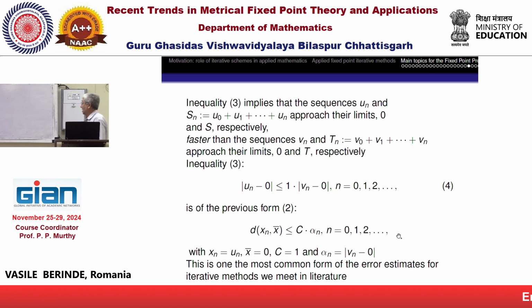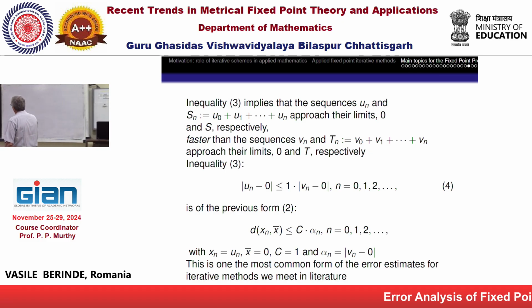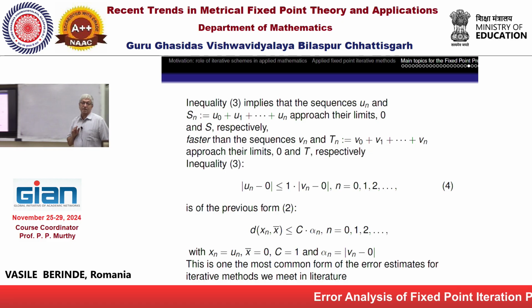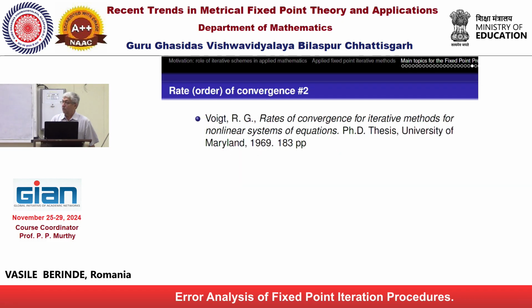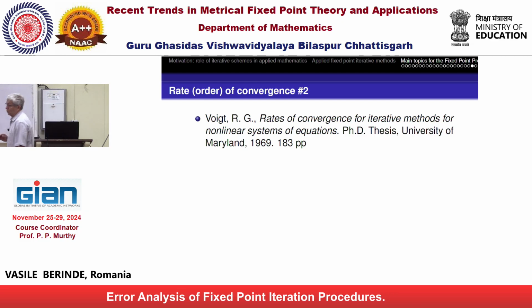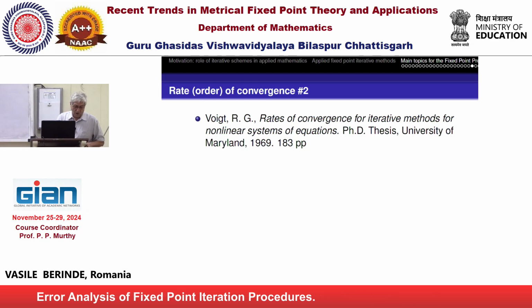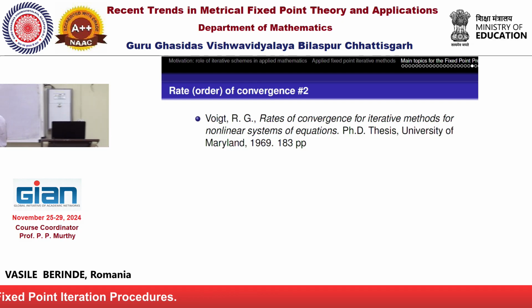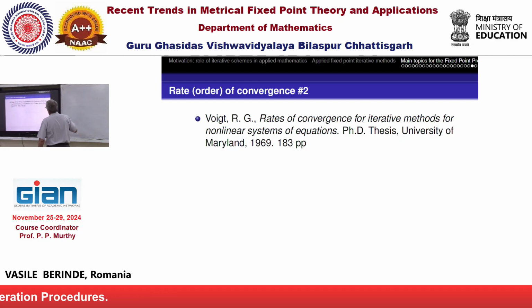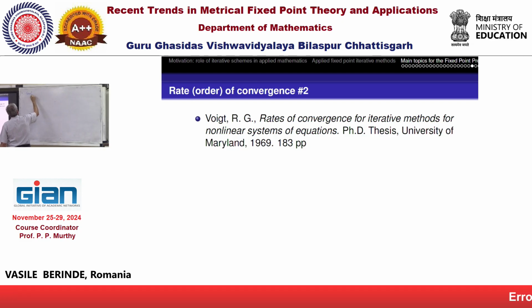This is one of the most common forms of error estimates we can find in the literature for iterative methods. It is not the only one, because there is another one which is usually convenient for Newton type methods.